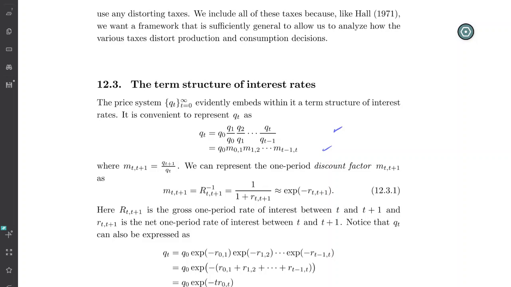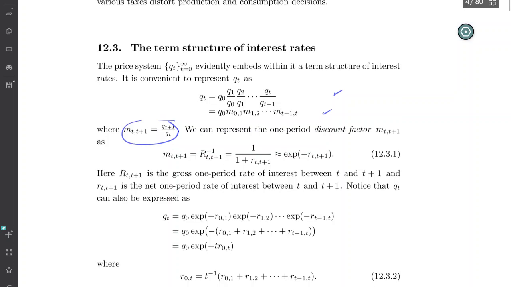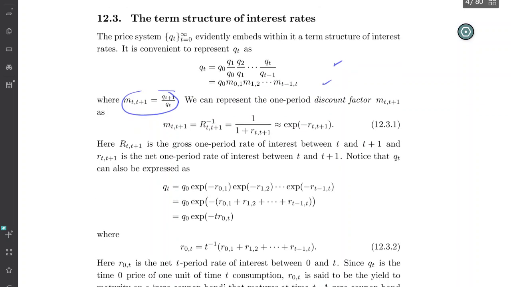We regard this as a so-called one-period discount factor. A whole theory of the term structure of interest rates is embedded in these Qs. So this whole Q sequence, once we know that, we know the whole term structure of interest rates, and we can use these formulas.